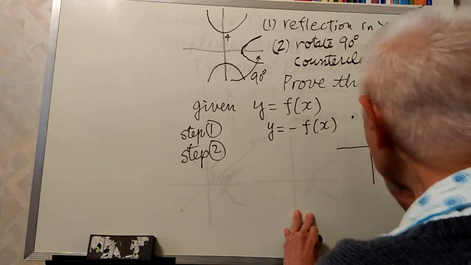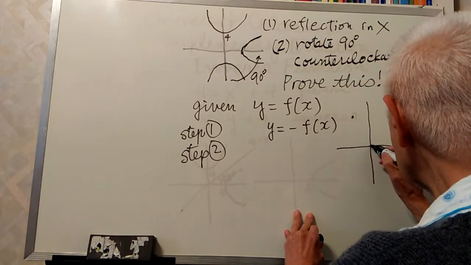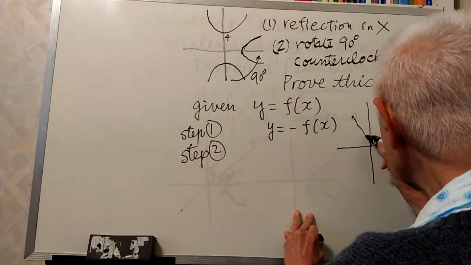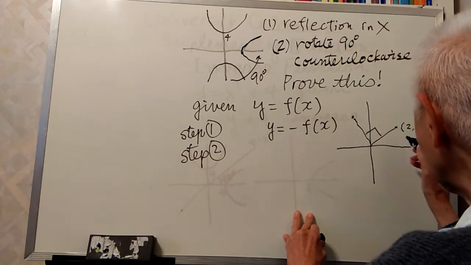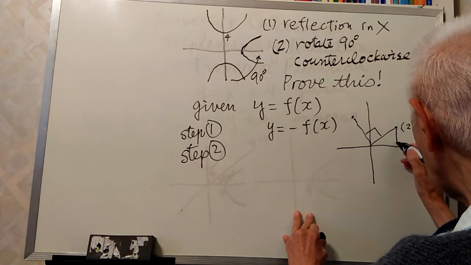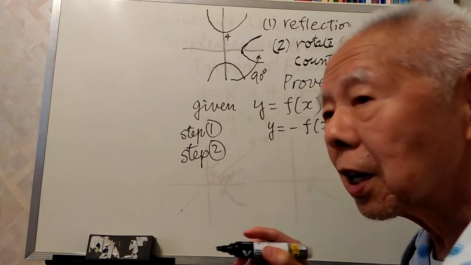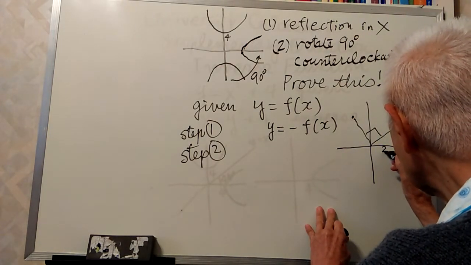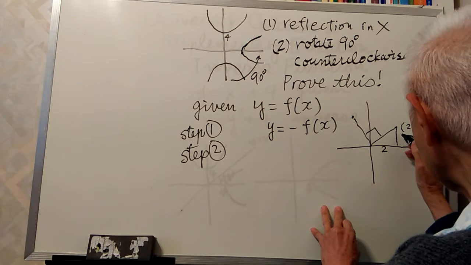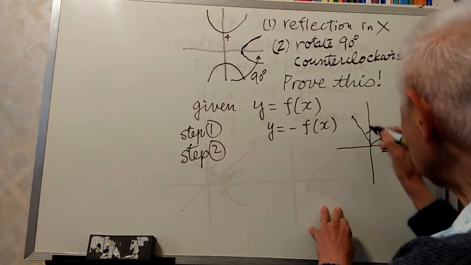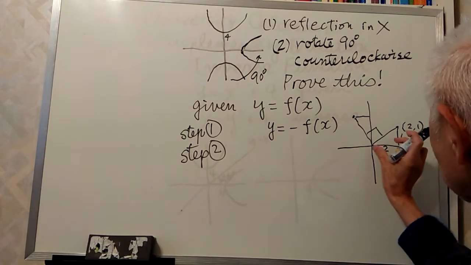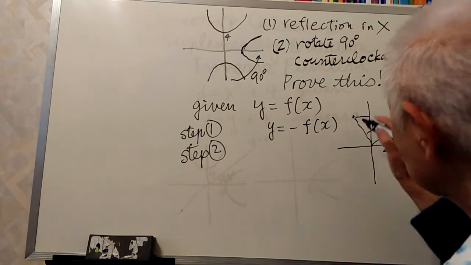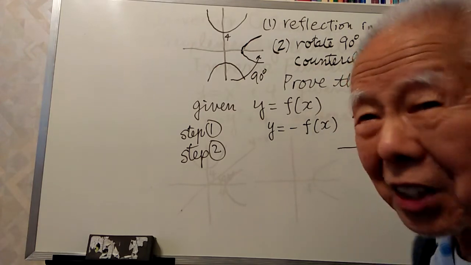So from here to here is 90 degrees. Let's draw a triangle. So this side is 2 now. And this side is 1. Then this triangle turns 90 degrees counterclockwise.